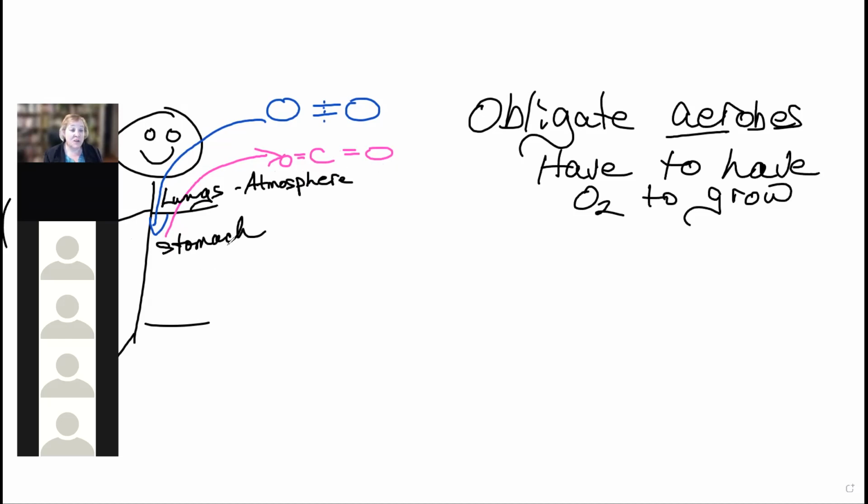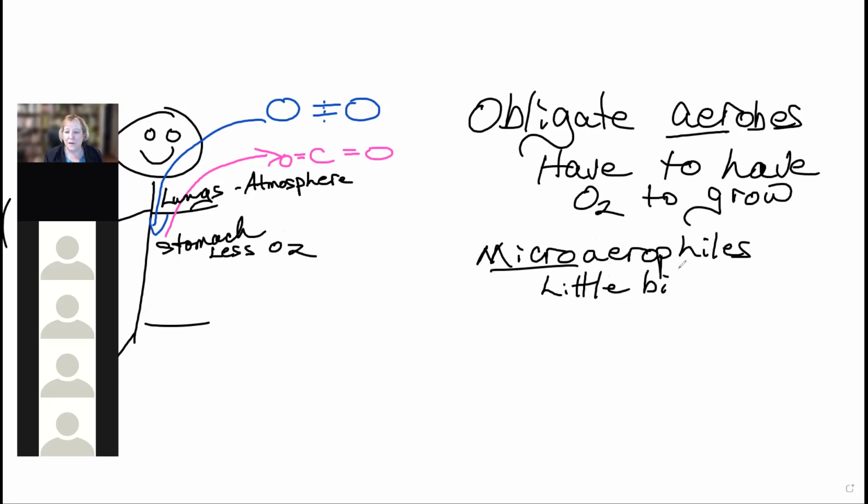So there's less O2. Microbes isolated from the stomach say, I can use a little oxygen, but a little oxygen goes a long way. You give me too much, you start to kill me. We call those microaerophiles, or small aerophiles. They like a little bit of oxygen. If you were in general micro, I would make you learn why, but in this class, you don't need to know.